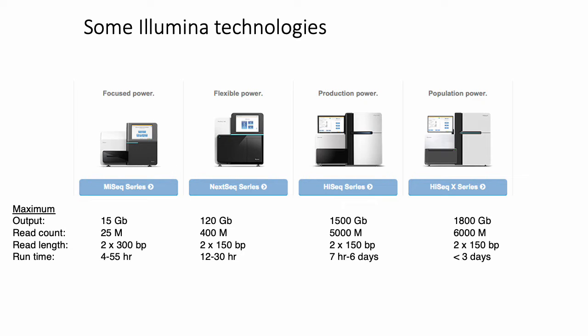But it is worth noting that there are different products designed for different throughputs. If you are doing a lot of small scale sequencing experiments, you might choose a technology like the MiSeq. Whereas if you're doing really large scale work, say human genetic association studies, then you'd probably use something like the HiSeq X series.